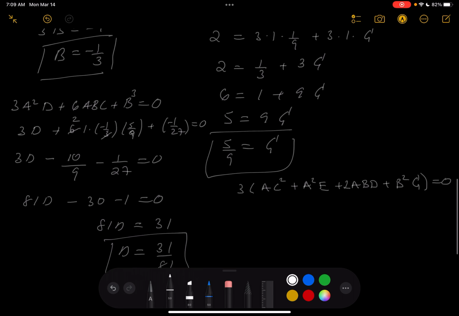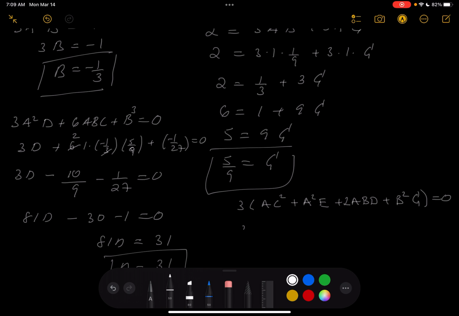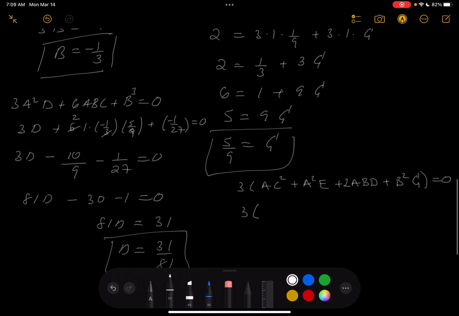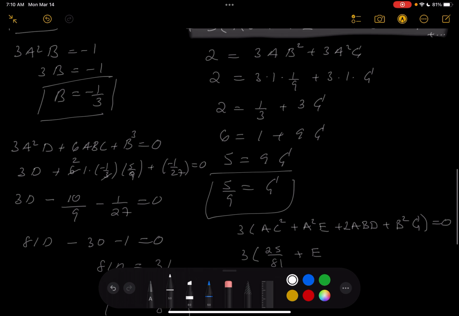All right, let's hope things go smoothly. And let's write this down. So 3. A is 1. And what's C squared? 25 over 81. Plus A is 1, and that's going to just be an E now. Now let's do the 2ABD. B is minus 1/3.